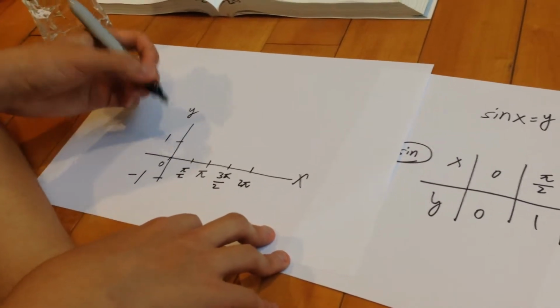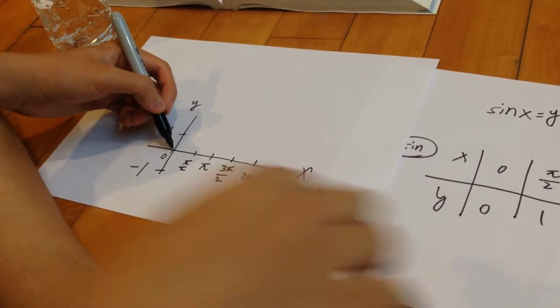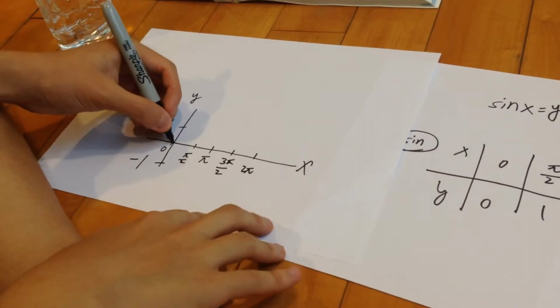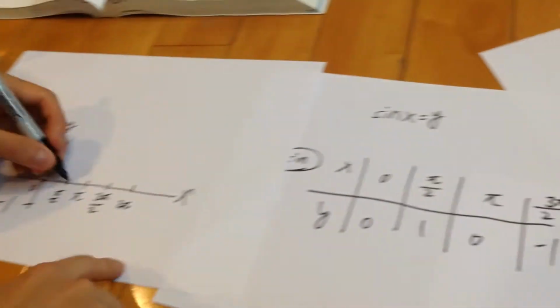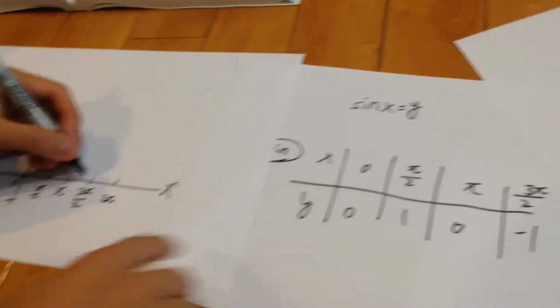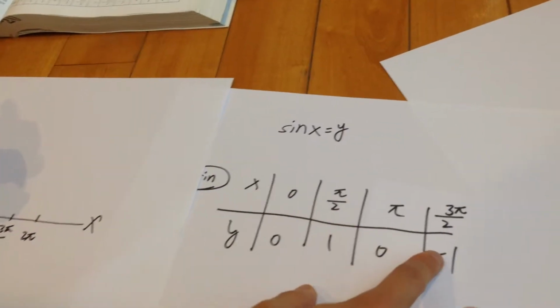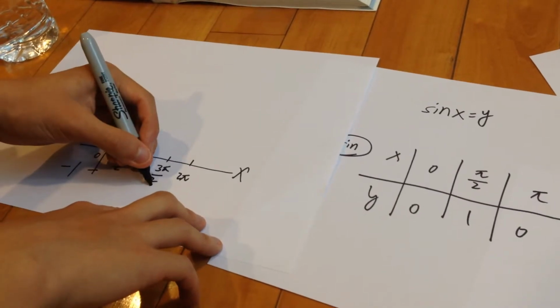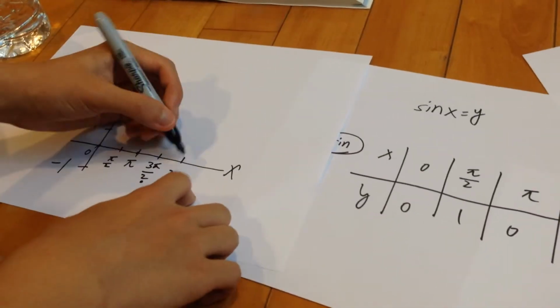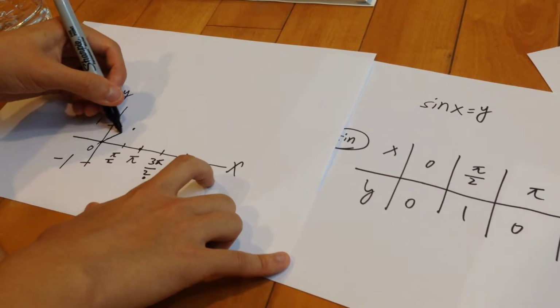Easy. So from here, we just plug the numbers in. 0, 0. Pi over 2, 1. Pi, 0. 3 pi over 2, negative 1. And 2 pi would come back to 0. Connect the dots.